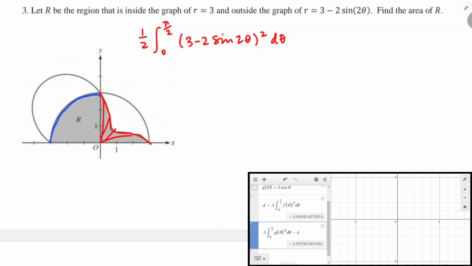And then I'm going to add, you do it as an integral, but to me this is a quarter circle, so I'm going to say plus 1/4 of pi, so radius squared, that's going to be 9 pi over 4. Okay, so I'm going to go to the calculator.